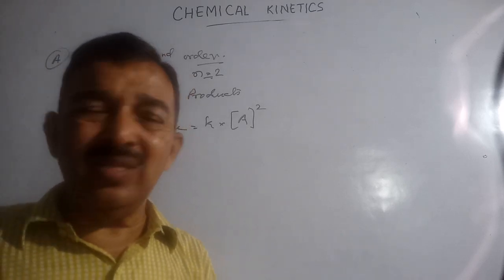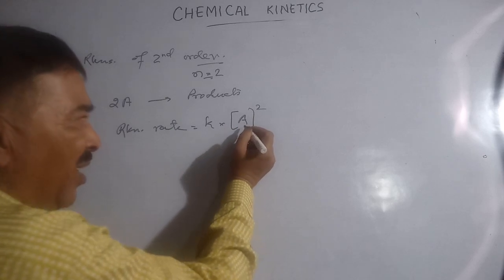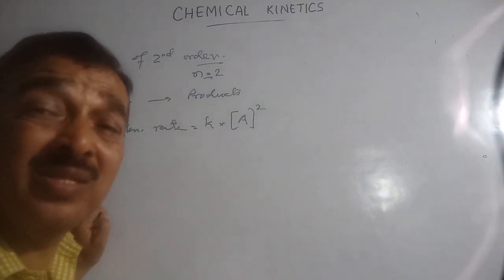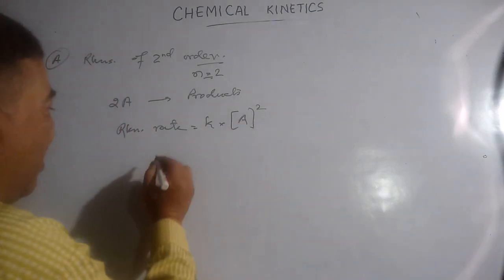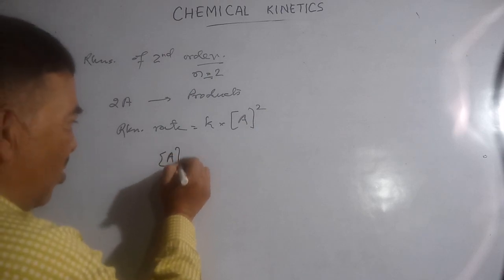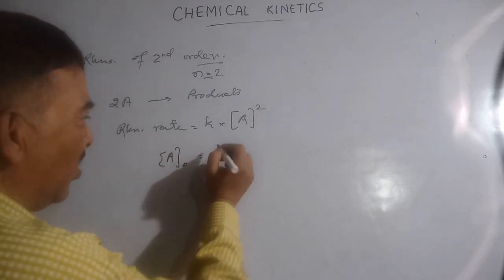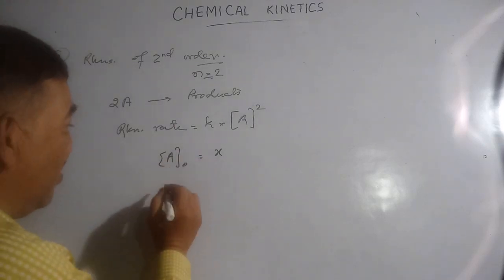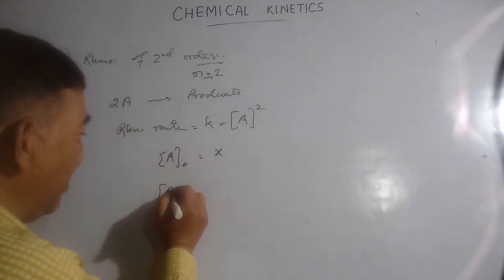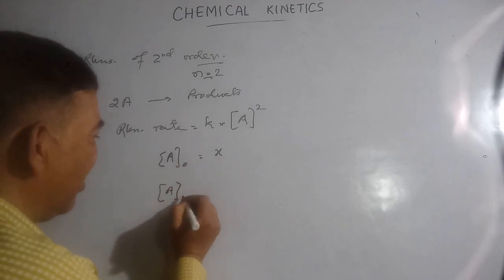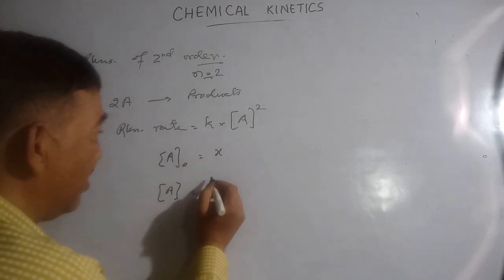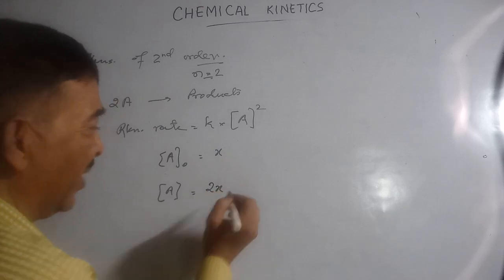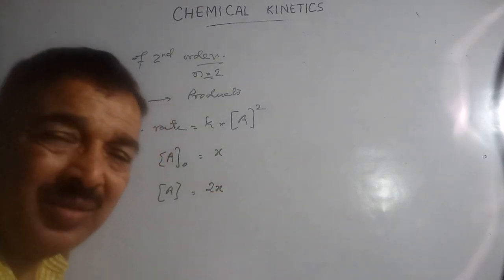What do you mean by this? Let us take that the molar concentration of A is doubled. Let me explain in this way: A naught is x. Now this A becomes 2x. What does it mean? Doubled.